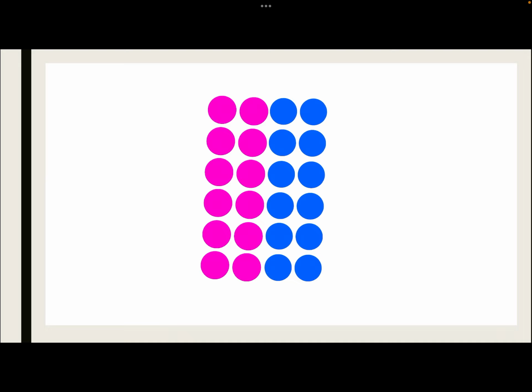If you look at this image, you will naturally see the blue dots and the pink dots separate. This is the law of similarity, is your mind sees similar objects that are the same or almost nearly the same and groups them together. That is why you don't see this as one image, you see it as 2 separate.